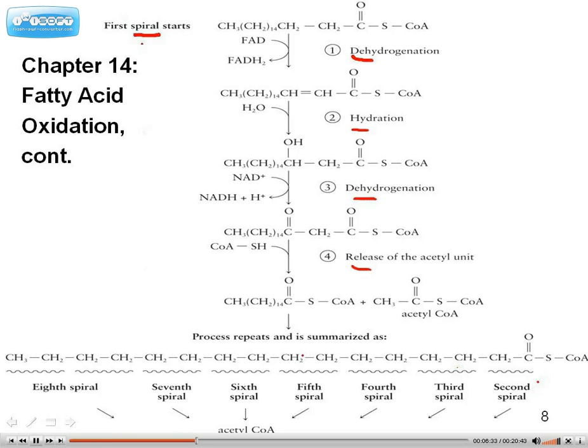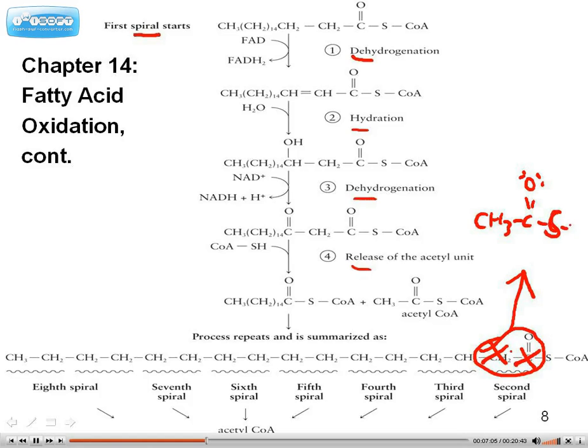Bottom line is, just as we degrade wood as we burn it, we're going to degrade the fatty acid. We're going to degrade them 2 carbons at a time. So take a look at the very bottom. We're going to degrade it 2 carbons at a time. What happens is, as we degrade it, we're going to release those 2 carbons in the form of acetyl coenzyme A.